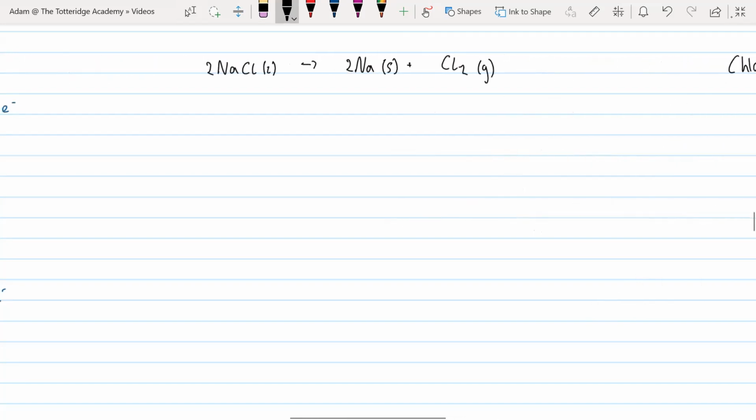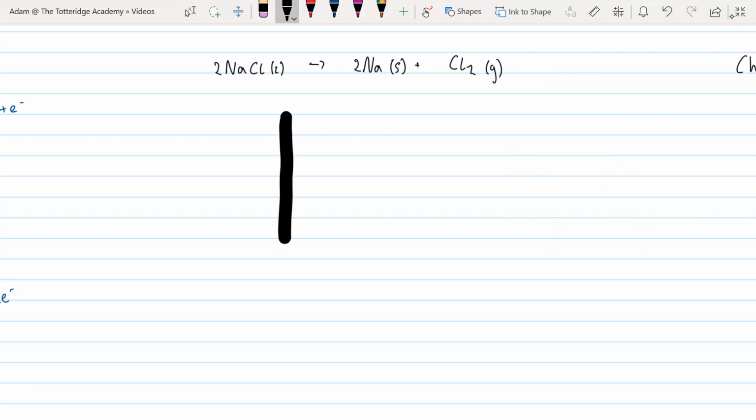Okay, going back. So we've now got our equation and all these substances being used, being produced, and their state. So we can start setting up our electrolysis apparatus. We'll start with, I wonder how thick that's going to come out. Oh, look at that. We'll start with these two things over there.